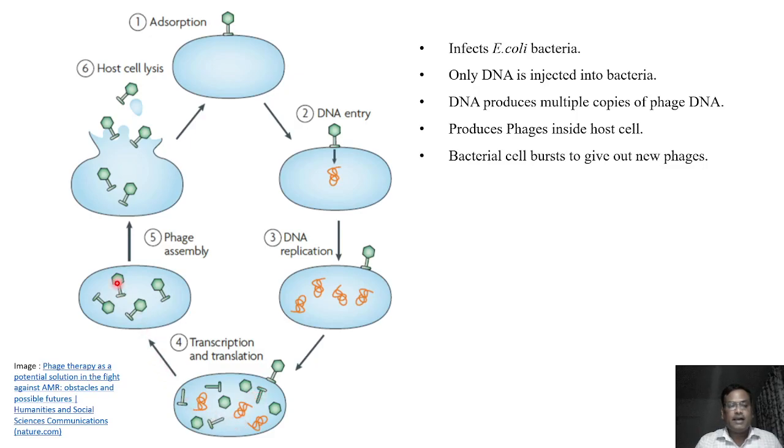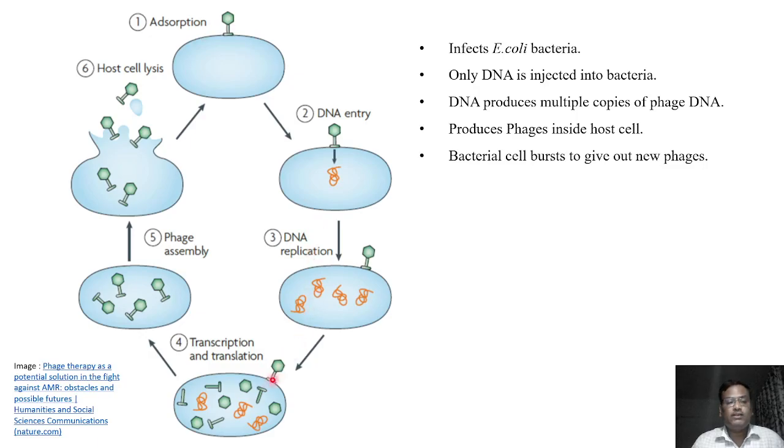And then there is assembly. The DNA molecules will become part of the head. So they are going to be assembled like phages. And once a large number of phages are formed, they are going to burst out of the bacterial cell. So here you can see the host bacterial cell is going to be destroyed.